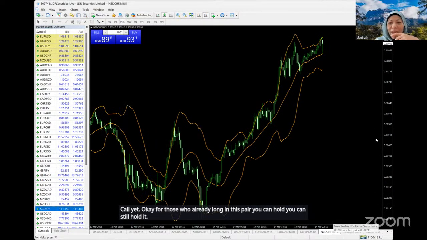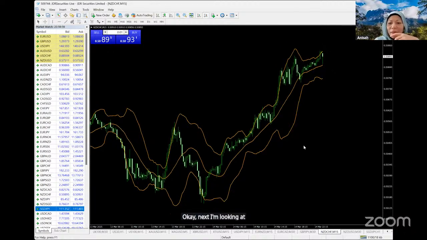Okay, next I'm looking at Kiwi Swiss. Kiwi Swiss trend structure is intact. The trend has gone up very steeply, but it mellowed a little bit.